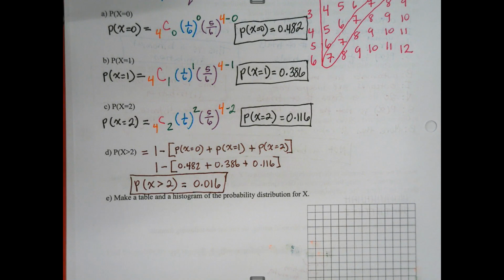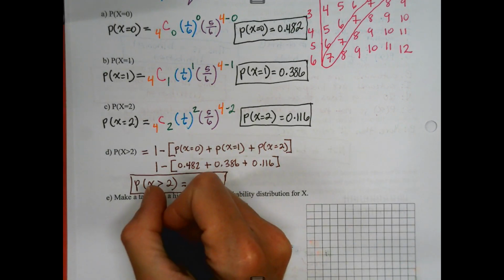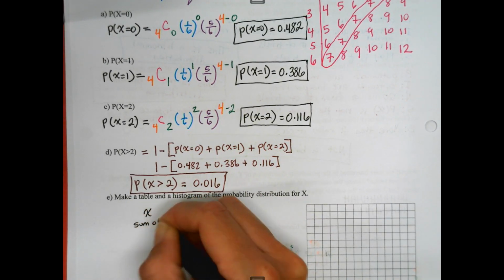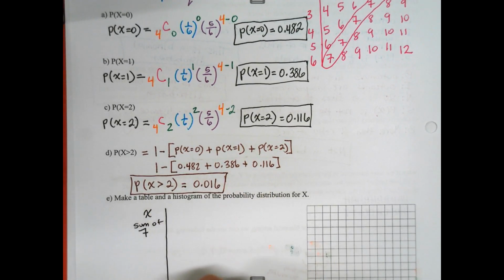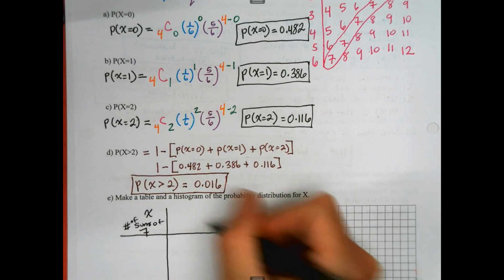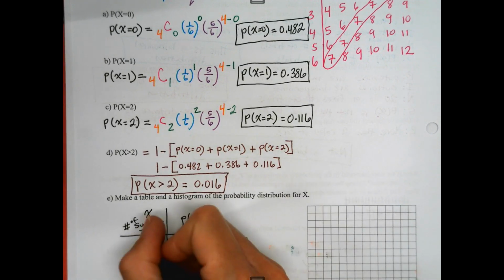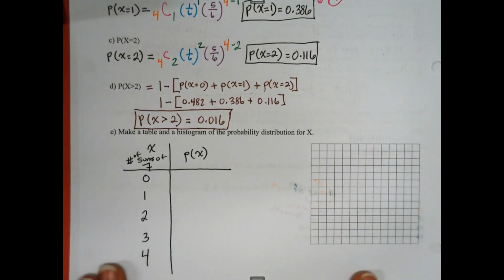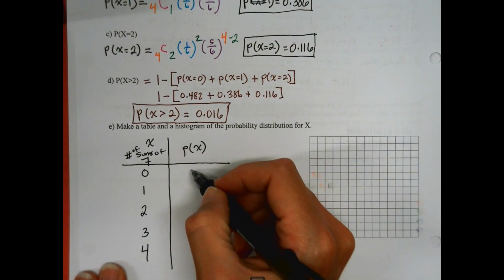For part E, it says to make a table and a histogram of the probability distribution for x. We're just going to make a table for right now. Our x value represents the number of sums of 7, and then the probability of x. So if we have 0, 1, 2, 3, or 4 sums of 7, the probability of x for 0 we found already.